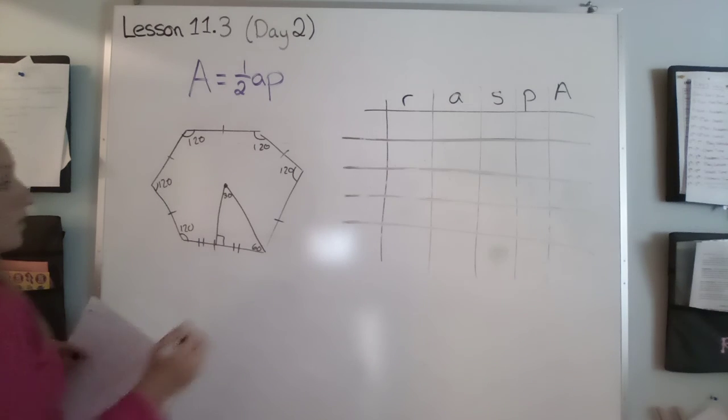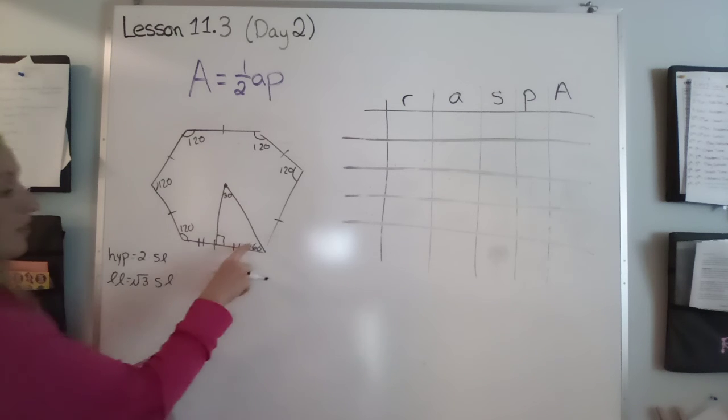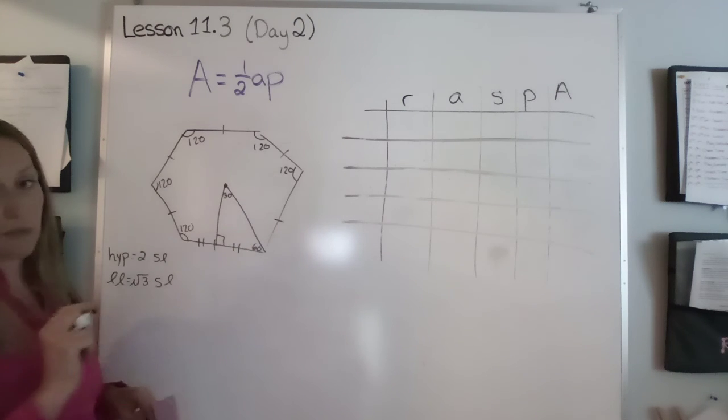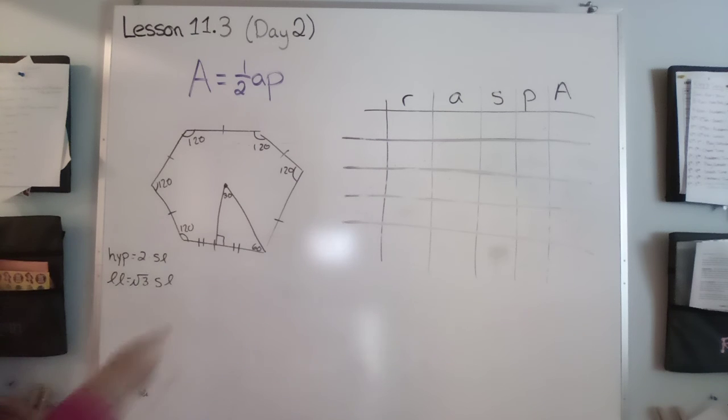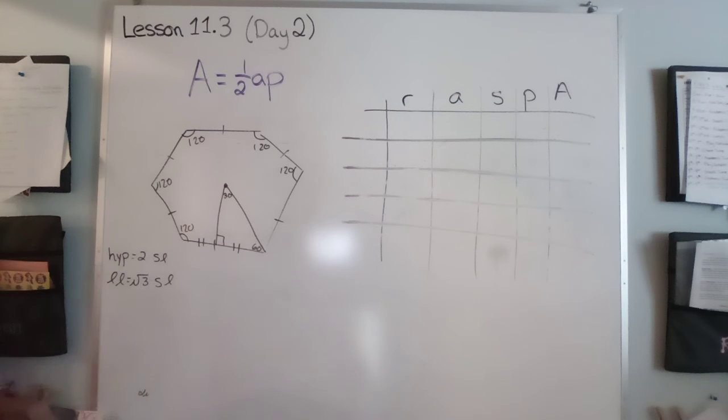So same thing as before, your hypotenuse is equal to 2 times the short leg, and your long leg is equal to root 3 times your short leg. But be careful, in your triangle, the 30 was down there and the 60 was up there. So just make note of that, okay? This is my short leg, this is my long leg, that's my hypotenuse. All right, so that's the unchanging information.